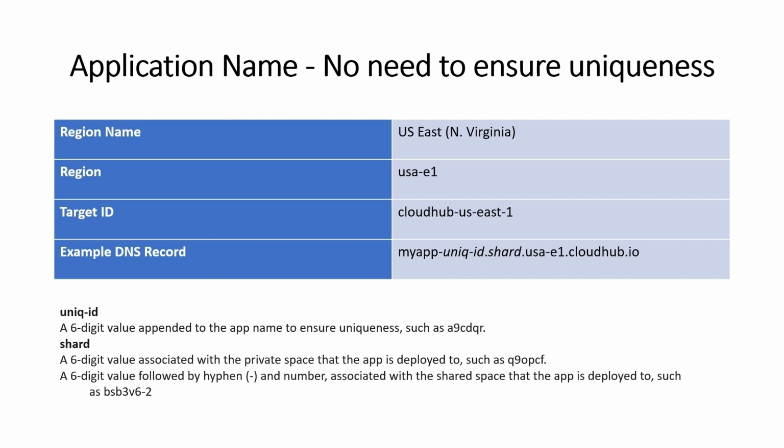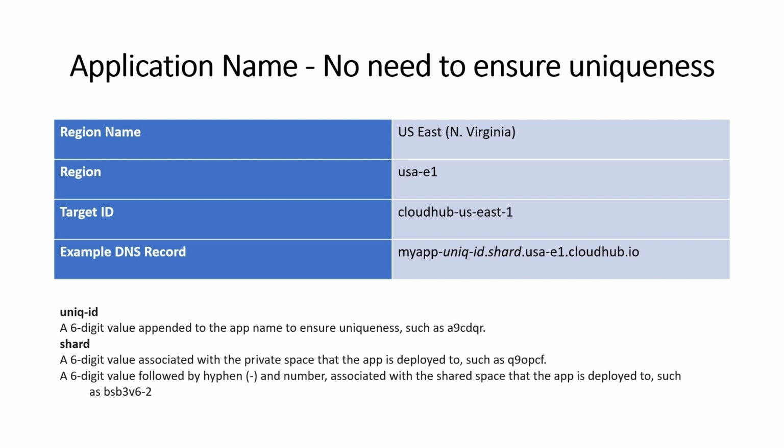When we deploy the application on CloudHub 1.0, we need to make sure that the application name is unique. But we don't have such a requirement when we deploy an application on CloudHub 2.0. CloudHub 2.0 appends the unique ID and shard to the application name. For example, if we are deploying the My App application to CloudHub 2.0, CloudHub 2.0 generates a 6-digit number for the application and appends it to the application name.